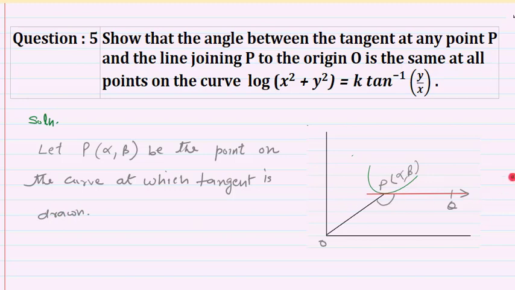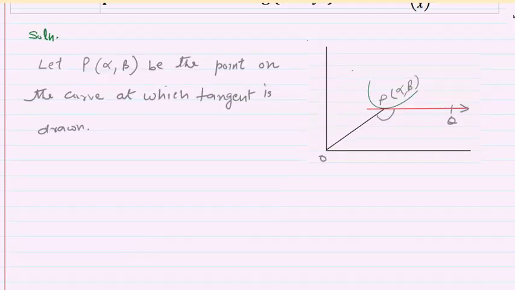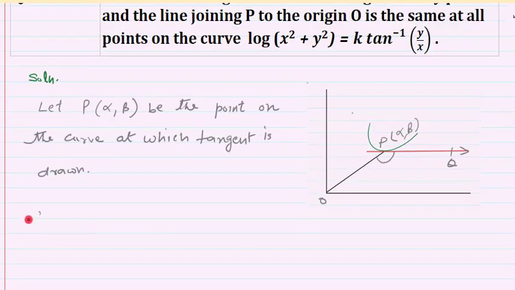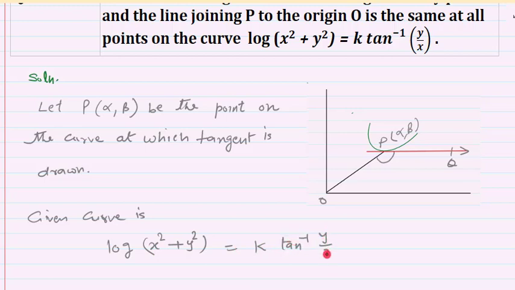So let us calculate the slope of the tangent. The given curve is log of x square plus y square is equal to k tan inverse y upon x.